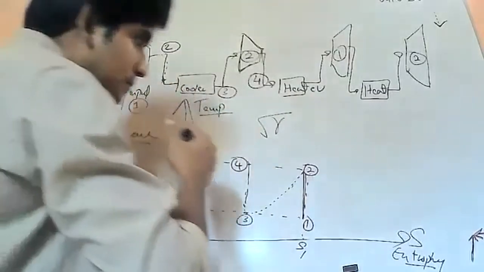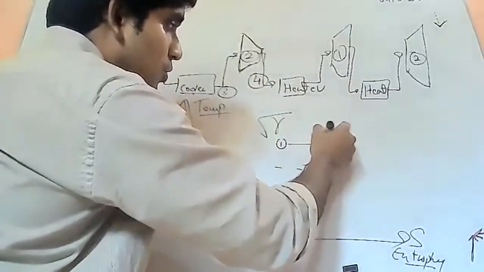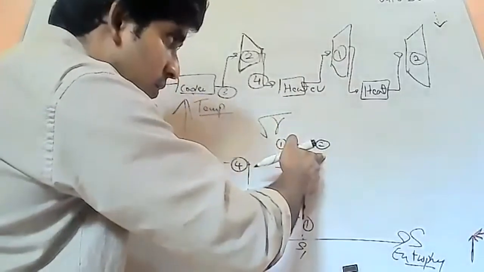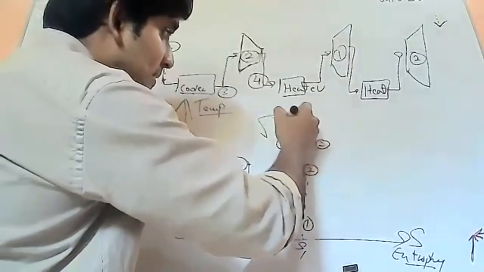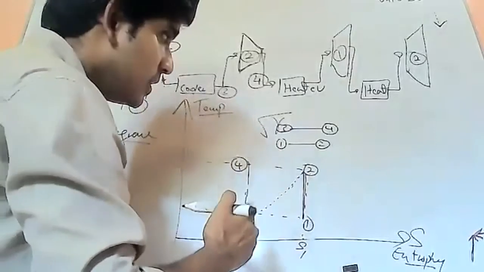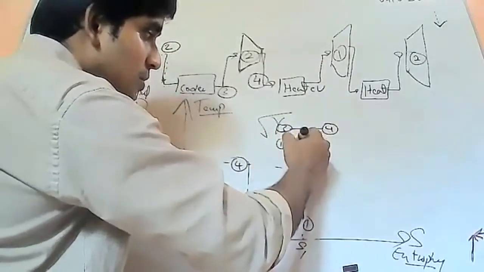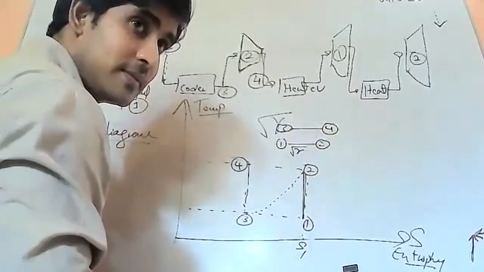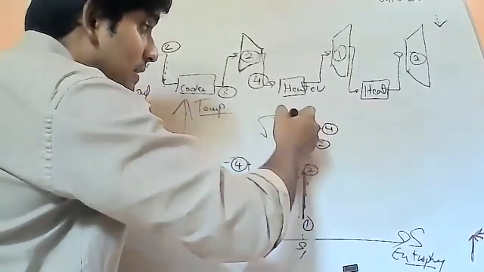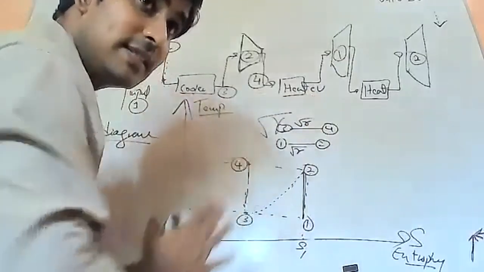Because first, point 1 is compressed to point 2, then point 3 is compressed to point 4. So the pressure ratio from 1 to 2 is root of R, and the pressure ratio from 3 to 4 is also root of R, because that is the scenario.